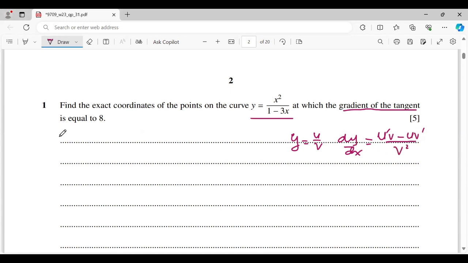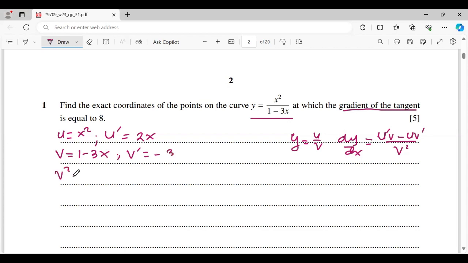Now let u equal x squared, so derivative u equals 2x. And if v equals 1 minus 3x, derivative v equals minus 3.